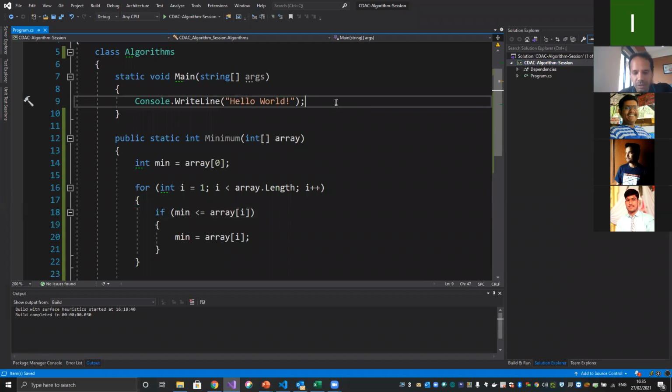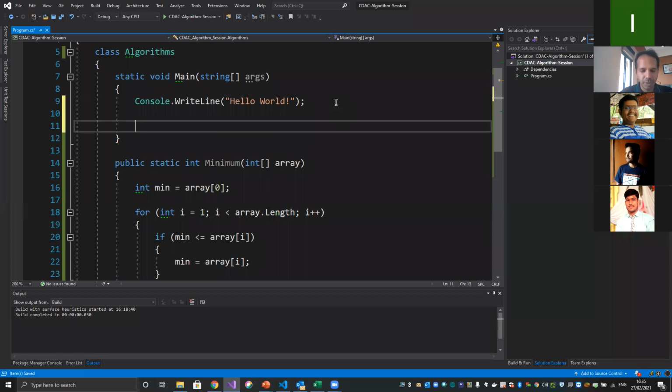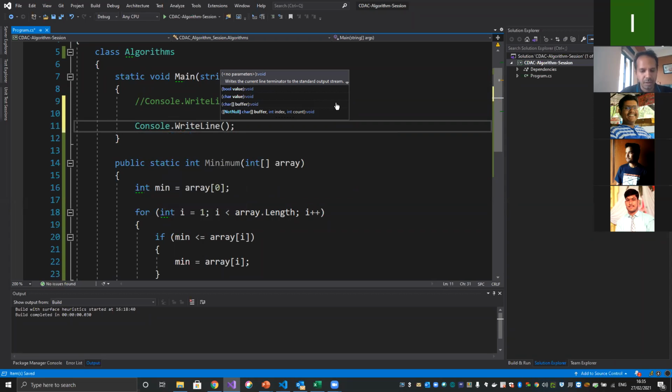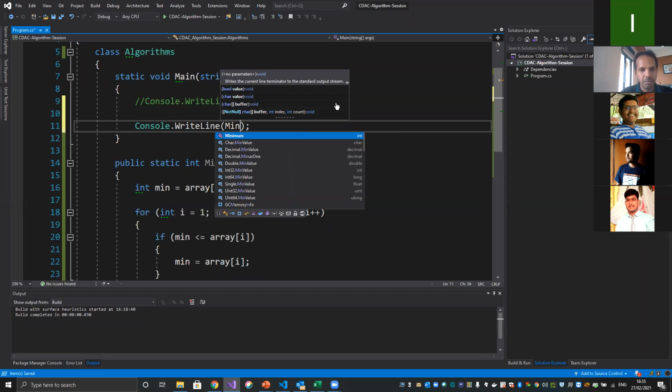For example, one way of testing this would be that I call this from the main function. Instead of doing this hello world business, I call this minimum function. I say Console.WriteLine, and I say minimum.